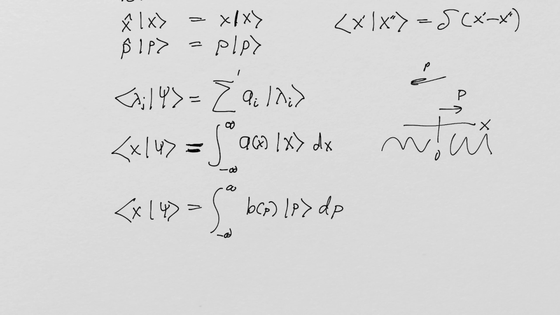So I guess this would be x in this case, or I guess it would be x prime, and this last one would be p, or p prime. Sorry. So this has to be x prime, right? So we just do this inner product.